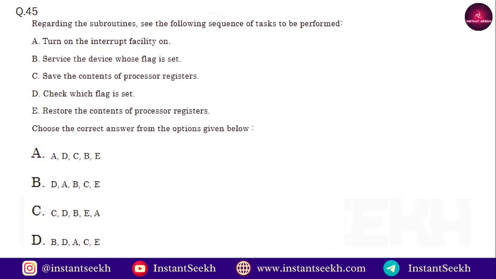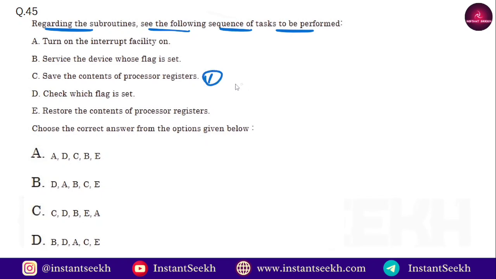Regarding subroutines, see the following sequence of tasks to be performed. Subroutine, in microprocessors and microcontrollers, right? The tasks are: turn on the interrupt facility, service the device, save the contents, check the flag is set, restore the contents of the processor. So we always start with saving the contents of the processor register.